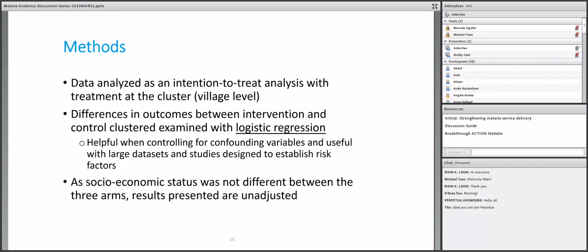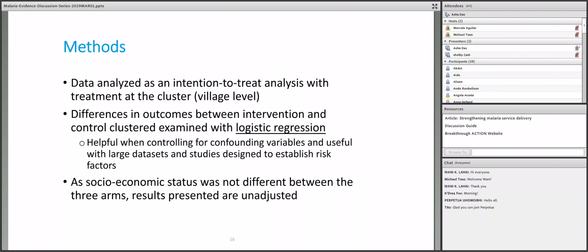The data was analyzed as an intention to treat analysis with the treatment centered at the cluster, which was the village level. The differences in outcomes between the arms was examined with logistic regression.